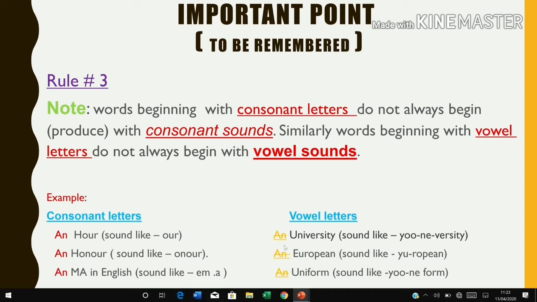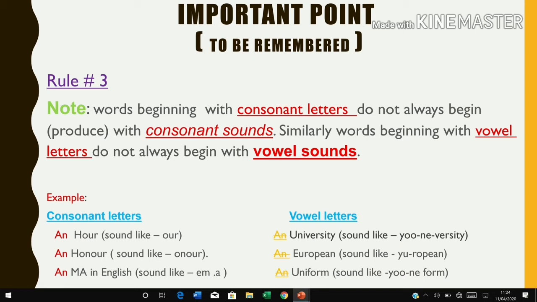Here: university, European, and uniform. These words begin with a vowel letter. But here the words do not begin with a vowel sound. For example, look here. University, the word starts with U. It is not a vowel sound, it is "ya".